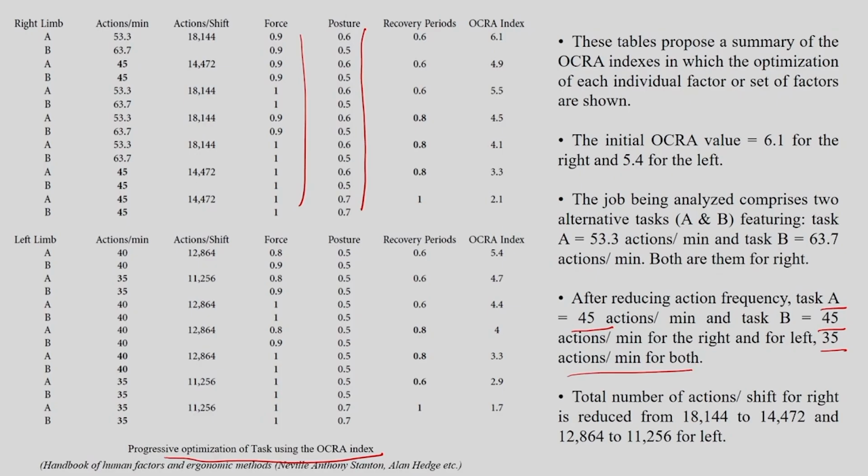So, the total number of actions per shift for the right hand reduced from 18,144 to 14,472. So, this also is reduced. So, that way it shows there is an improvement. So, how do we use it for your redesigning?